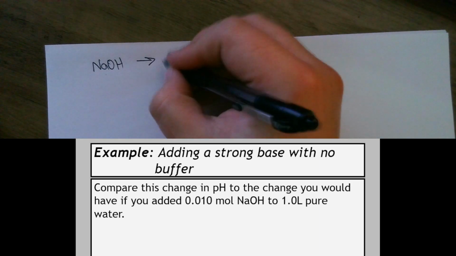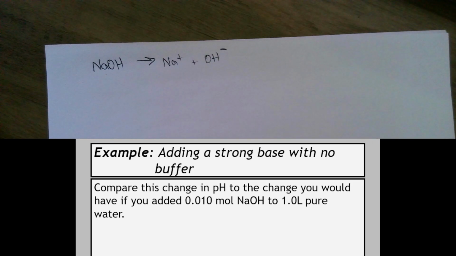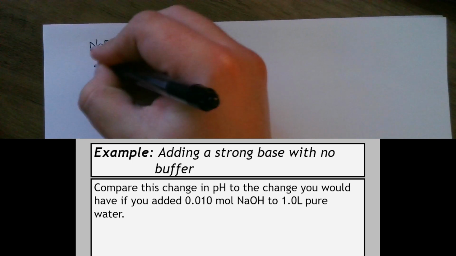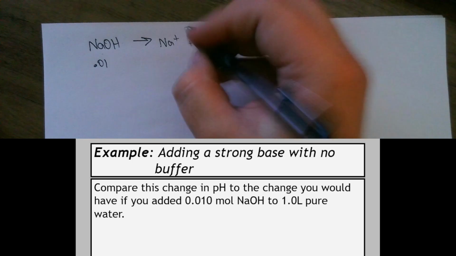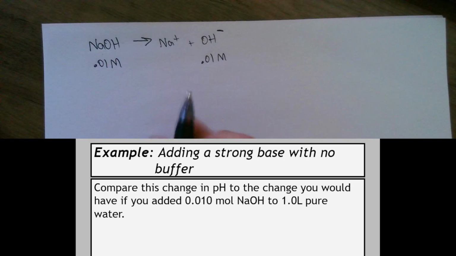It is a strong base into Na plus and OH minus. When you add it in water, it splits apart. Well, I had 0.01 molar NaOH, which means I make 0.01 molar OH minus.